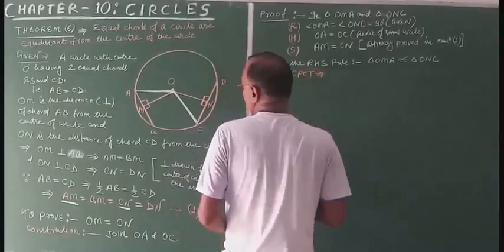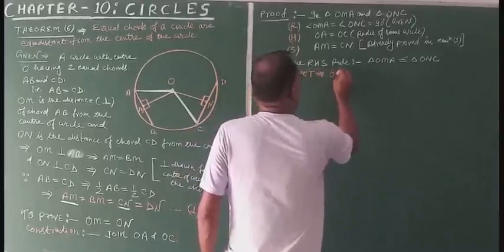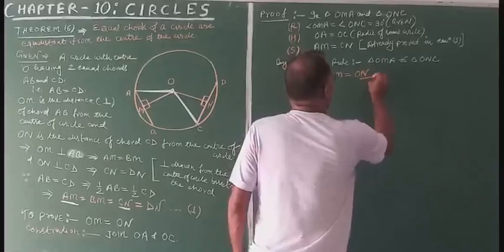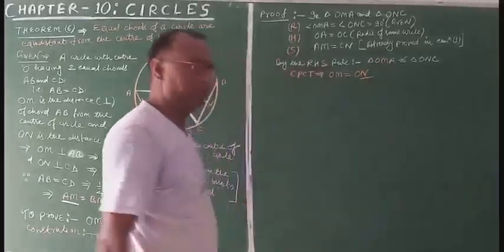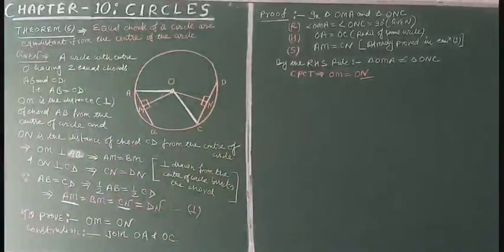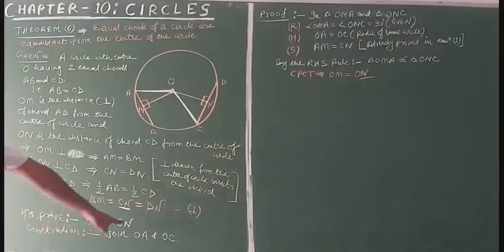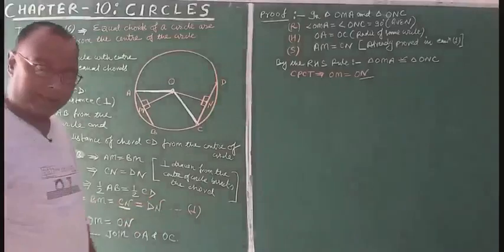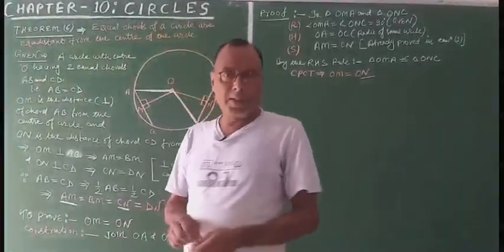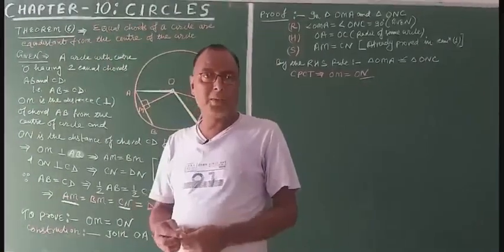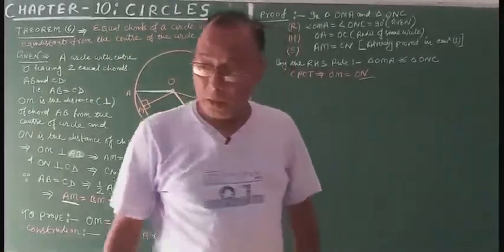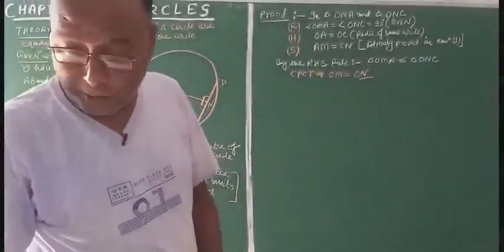This OM is equal to ON, and this we have to prove. Just look here, what we have to prove? OM is equal to ON, or we can say equal chords of the circle are equidistant from the center of the circle. Now first look question number 4.